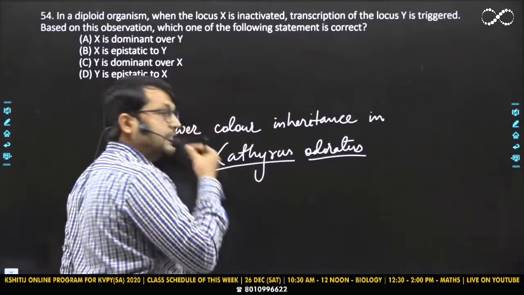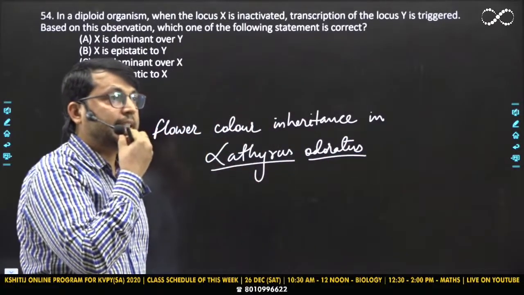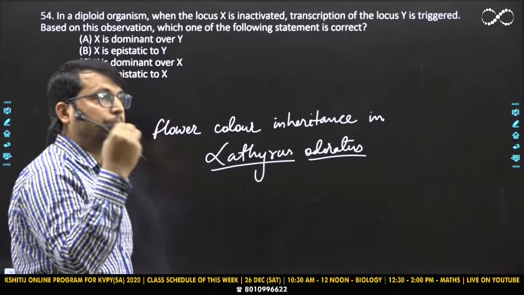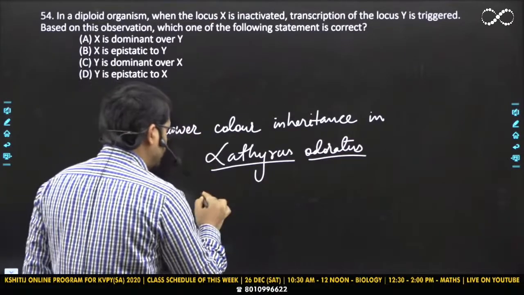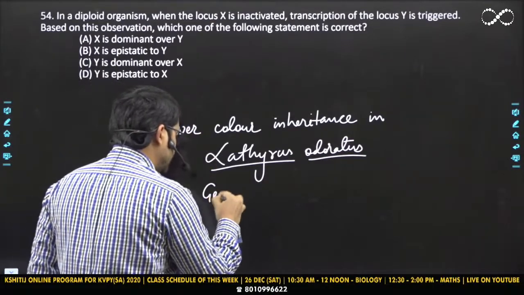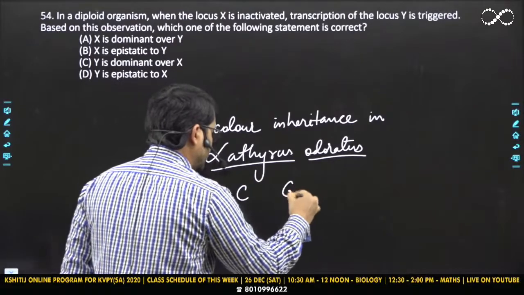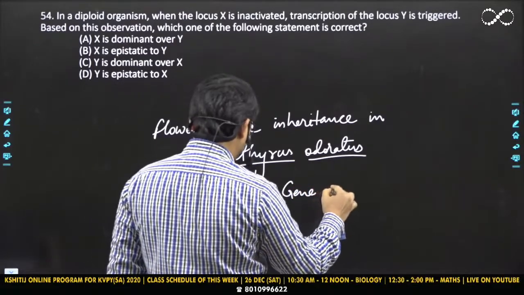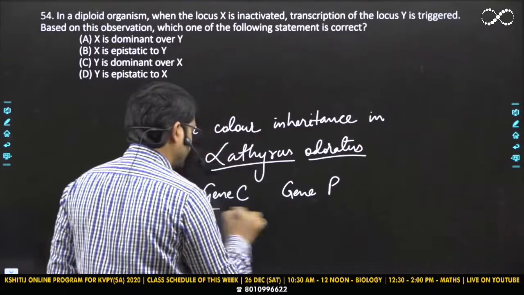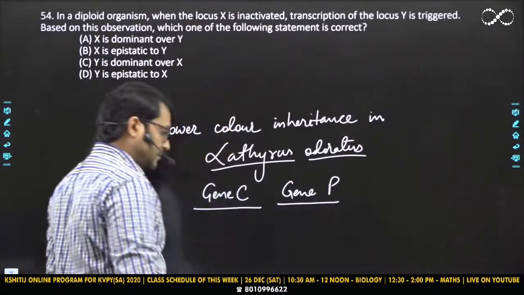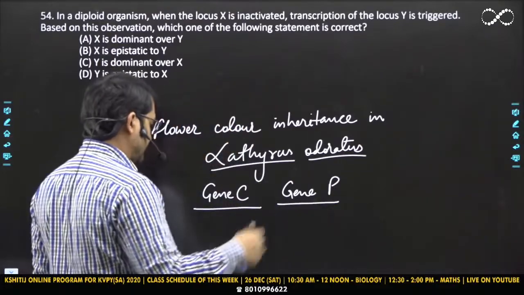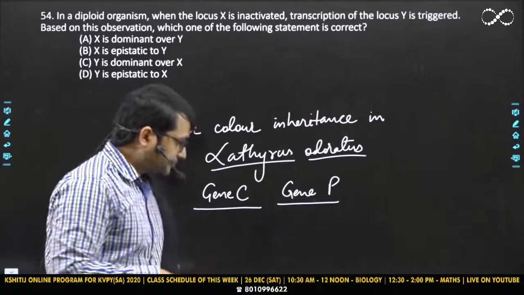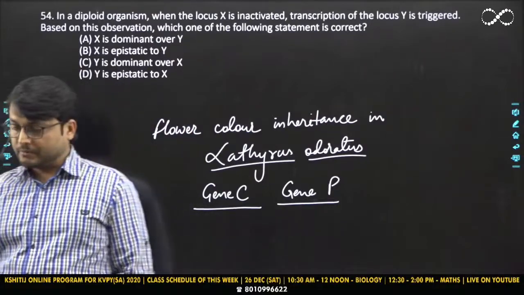There we have already said that there are two genes, gene C and gene P, and it is a case of epistasis. It's good that you all remember those things.